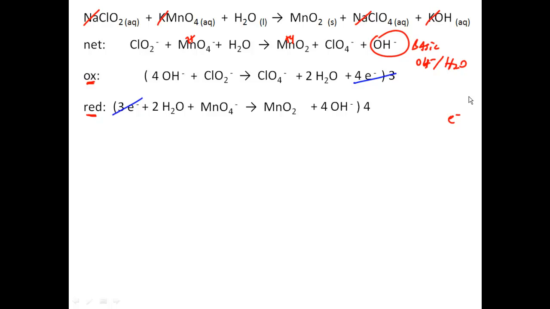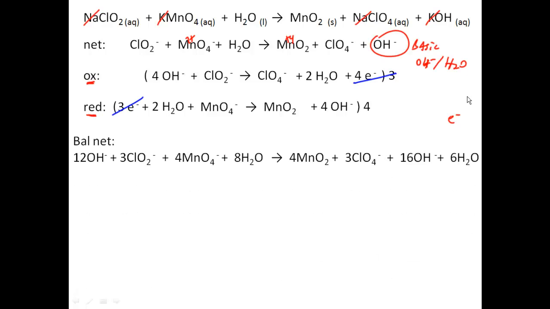And then I got to multiply the factors through and bring them down, which means I have 3 times 4 OH minuses, which is 12 OH minuses. I have 3 times my chlorite, which is 3 chlorites. I have 4 times my permanganate, which is 4 permanganates.